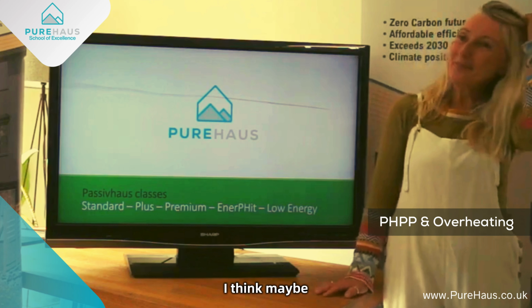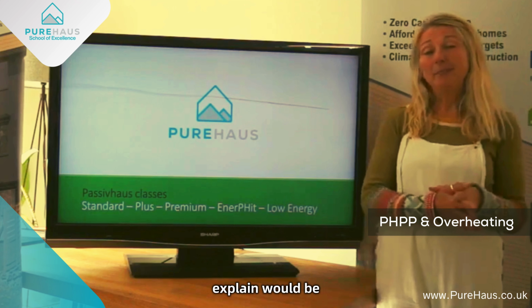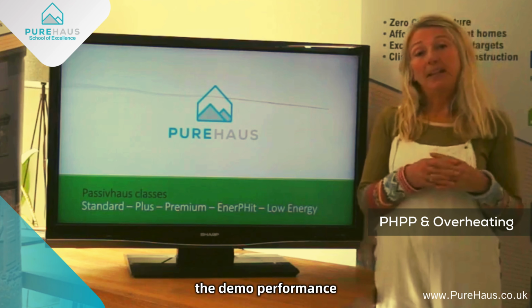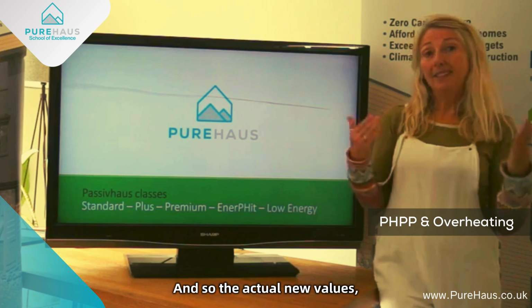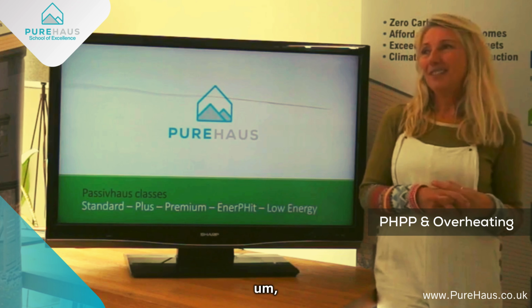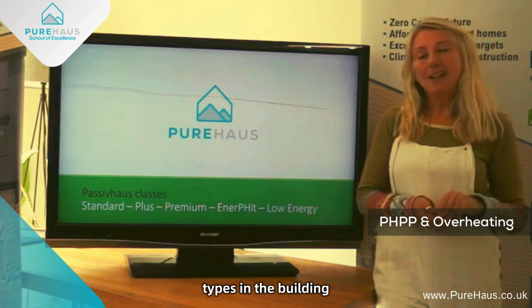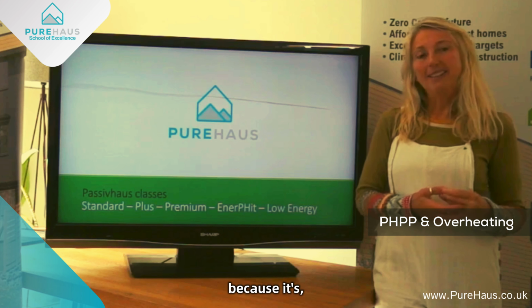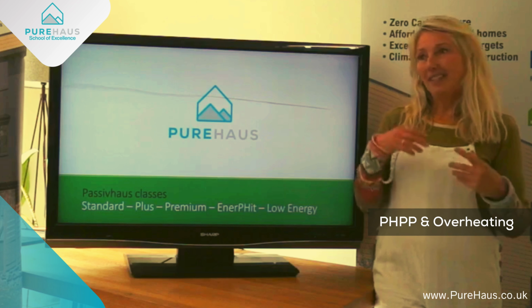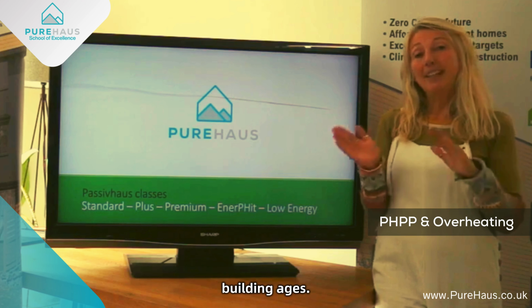I think one of the biggest yet simplest ones to explain would be the thermal performance of the building, and so the actual U values. I can't remember how many, but it must be coming on for 8 different wall types in the building because it's wrapped around by different party walls and different building ages.